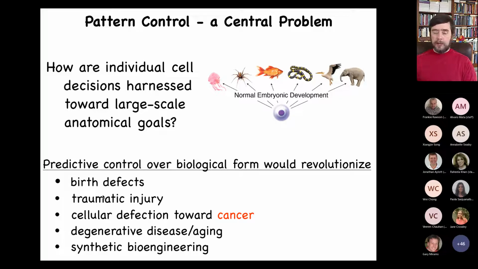If we could control the behavior of this collective, we would have answers to pretty much every issue in medicine, with the exception of cancer disease. So we view cancer as one facet of a much larger issue: the dynamic control of geometry by a collective behavior of cells.